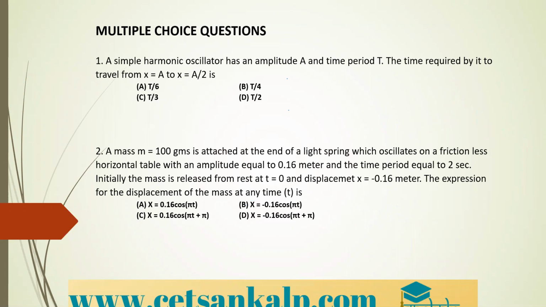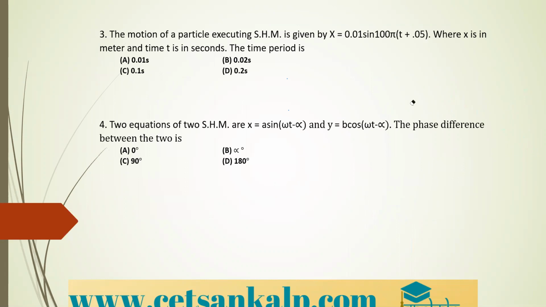So the next question is, see here. The motion of a particle executing simple harmonic motion is given by the equation, where x is in meter and time t is in seconds. The time period is? Here, how are you going to calculate? Again, you need to consider the standard equation.